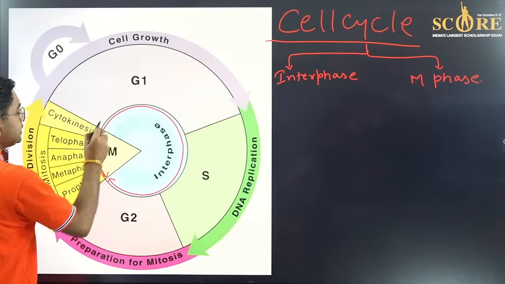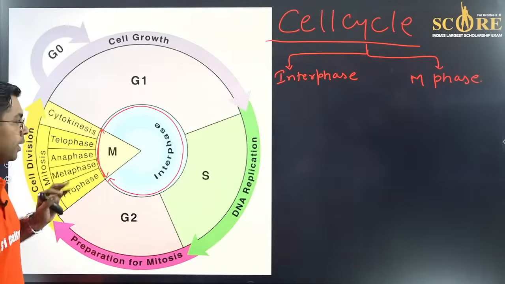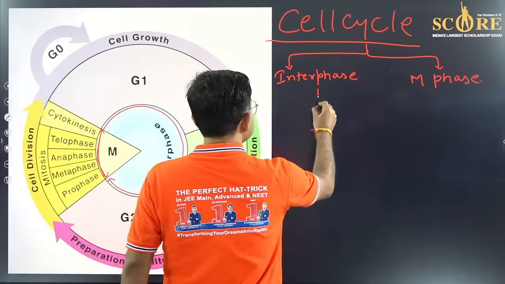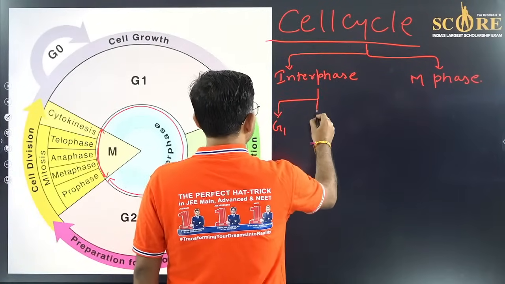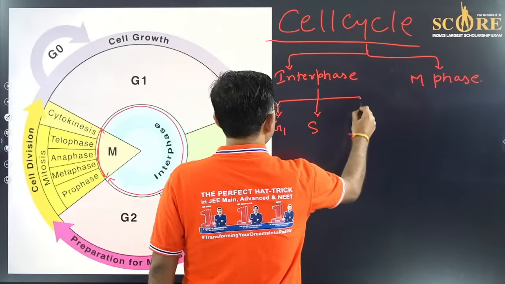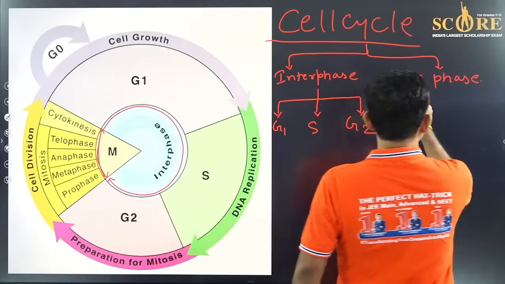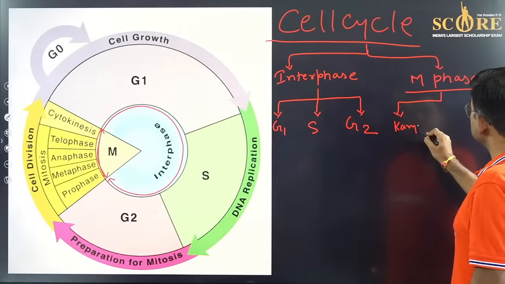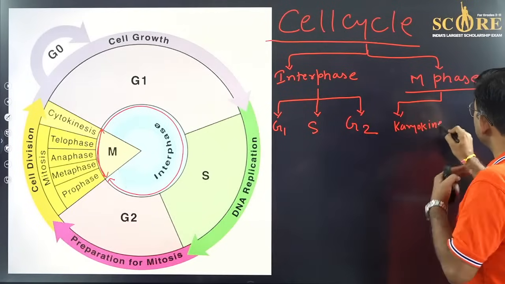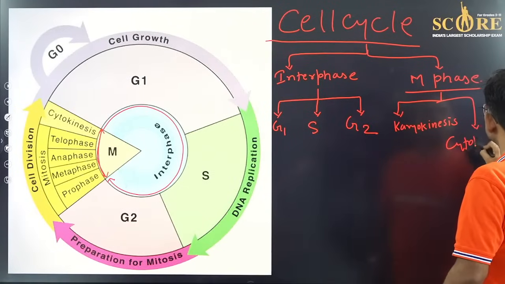You can clearly see that interphase is longer and M phase is shorter, right? Now this interphase is divided further into G1 phase, gap phase 1, S phase and G2 phase. Then the M phase is divided further into karyokinesis and cytokinesis.